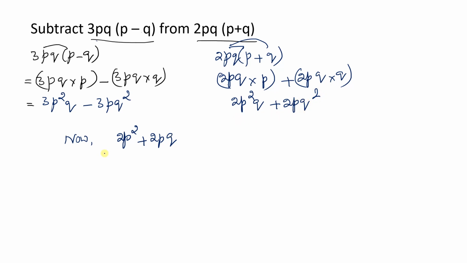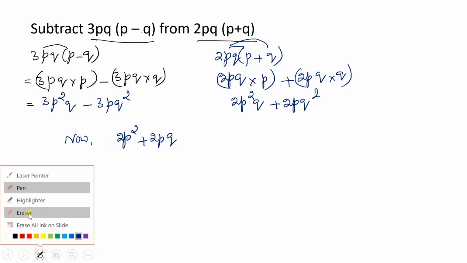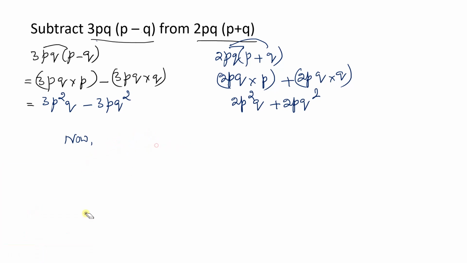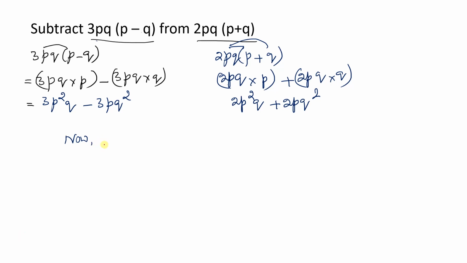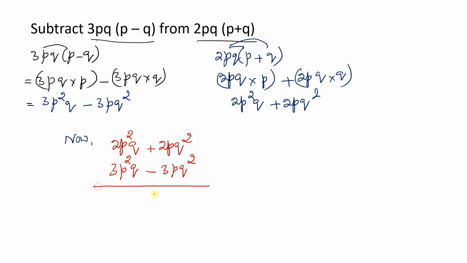So from this you need to subtract. Yes. Now 2p square q plus 2pq square. From this you need to subtract 3p square q minus 3pq square.